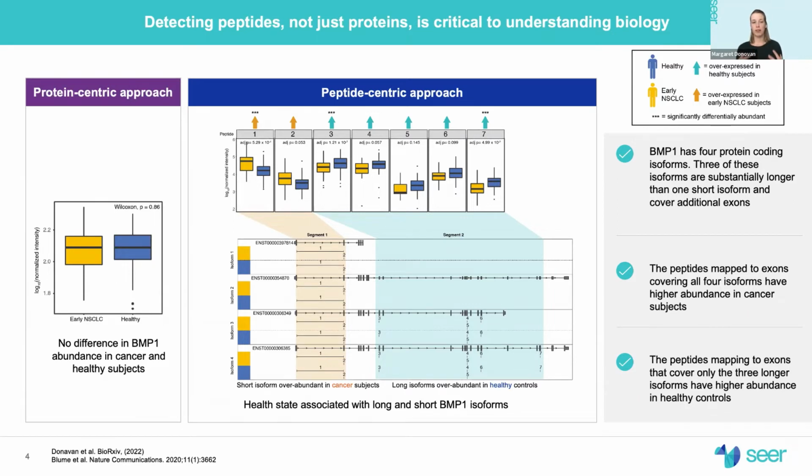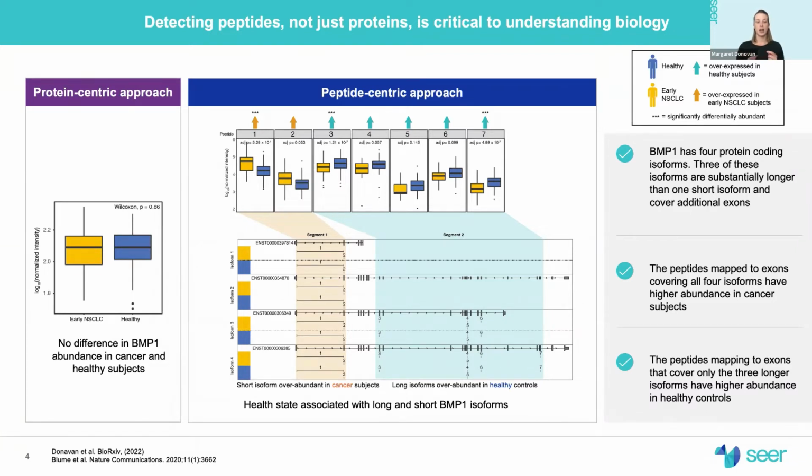For BMP1, if we looked at it at the protein level, and asked between healthy individuals and early NSCLC individuals, do we see a difference in BMP1 abundance? The answer is no, we didn't see any significant difference. However, when we took this peptide-centric approach, looking at all the peptides mapping to BMP1 and the differential abundance between healthy and early individuals, we found something quite striking.